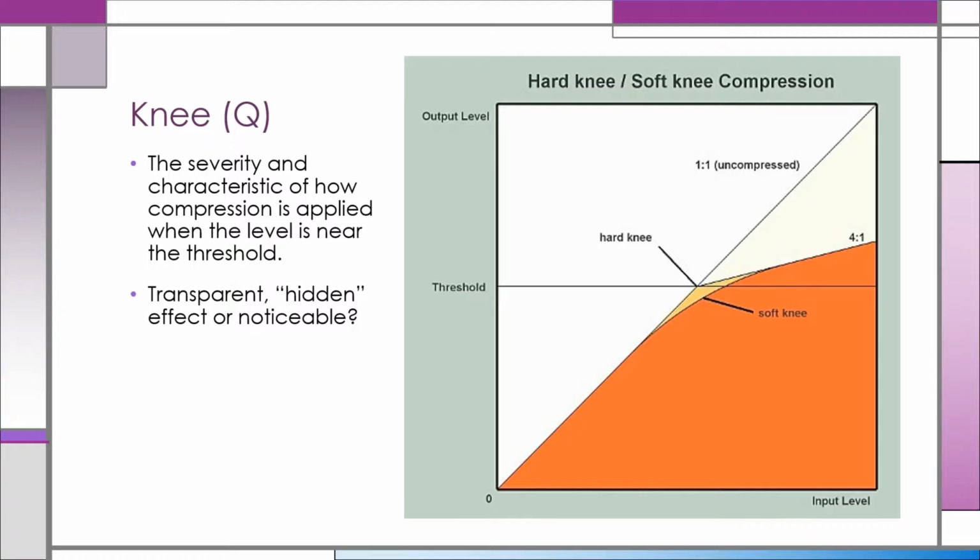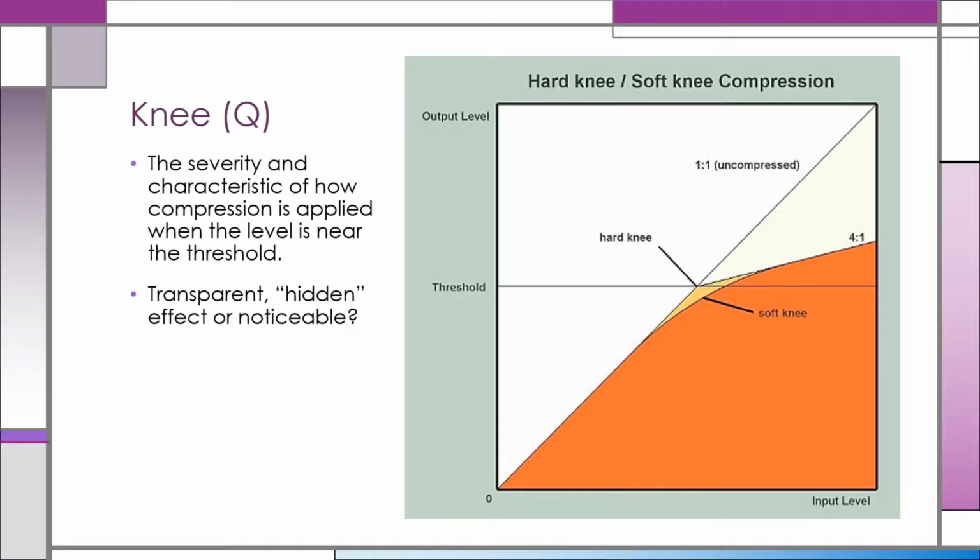When we have a knee, if you'll see right here, even though our threshold is up here, we're actually beginning to apply a little bit of compression down here, and even when we reach our threshold, we're not fully applying compression until we're significantly past it. What this does is gradually apply compression based on the input level, and this can make the compression not as apparent.